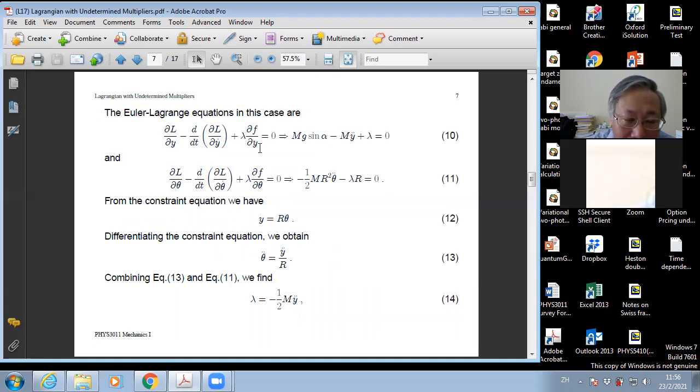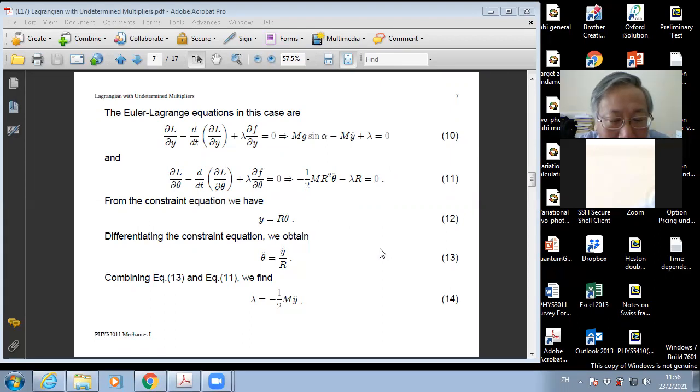Since we have two variables, and the first equation is related to y, so we have round f round y. The second equation is associated with theta, so we have round f round theta. Okay, so the Euler-Lagrange equation of motion in y gives you this. The Euler-Lagrange equation in theta gives you this.